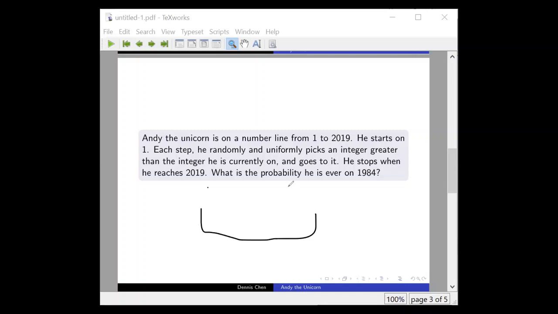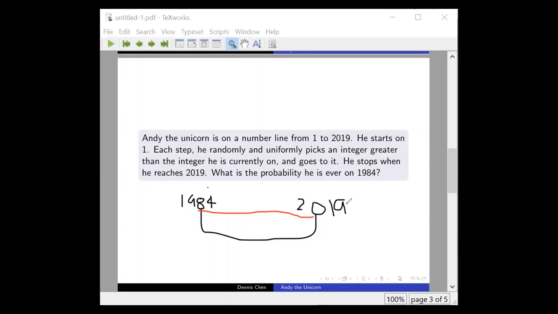What is the first time Andy steps in between the interval 1984 and 2019? All right. The only thing we care about is the first time Andy enters this interval. Now, why is this the case? Here's why.